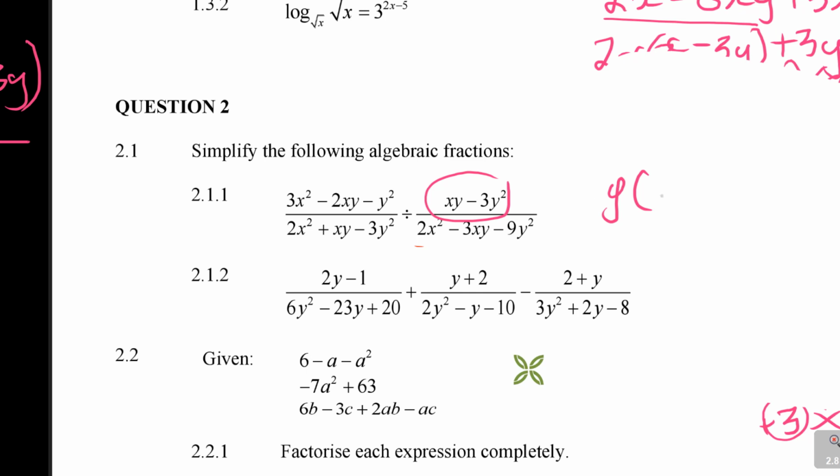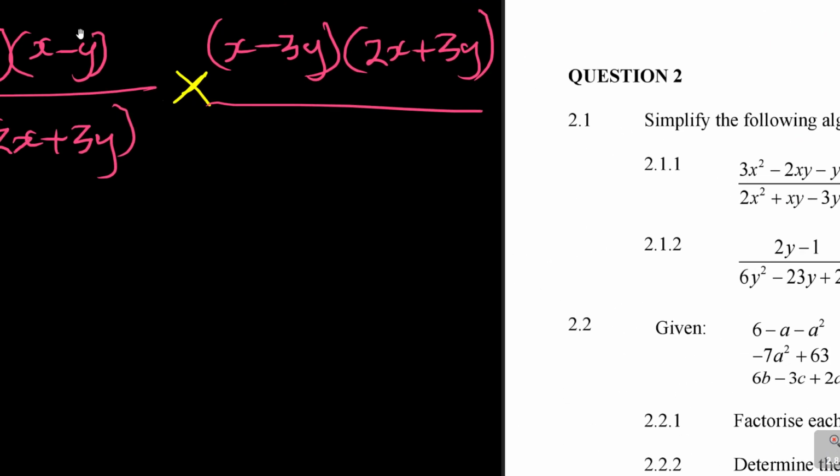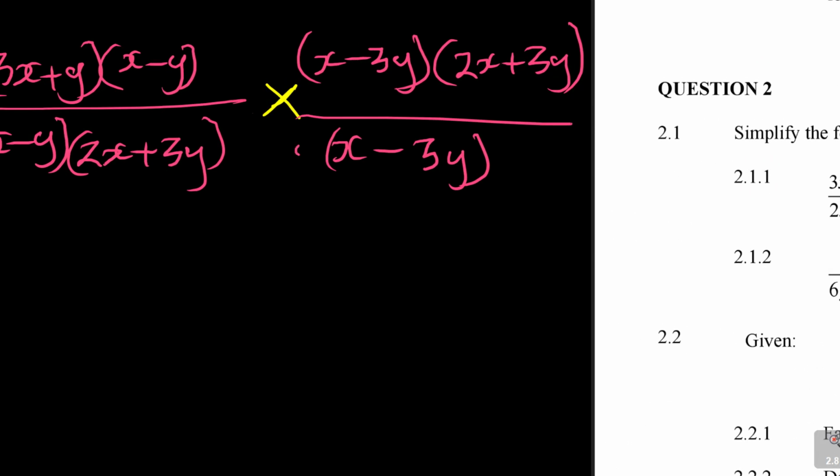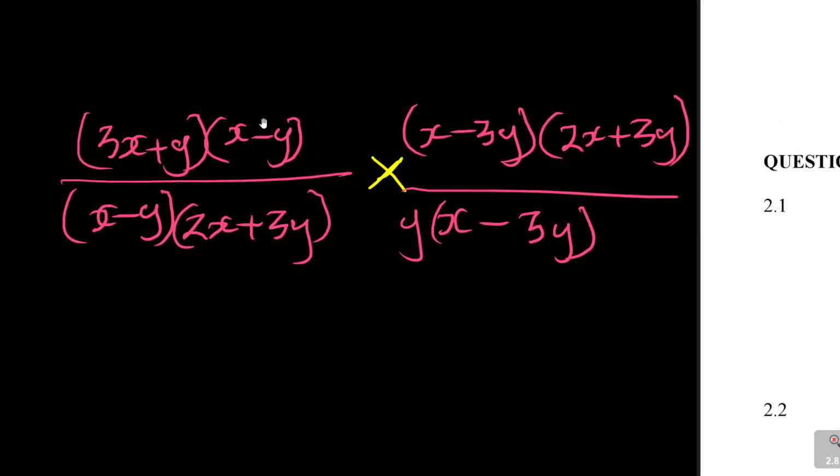You can literally see that it will be x minus 3y. So you write it now at the bottom there, which is x minus 3y. But outside, what did I factorize? I think I factorized y.